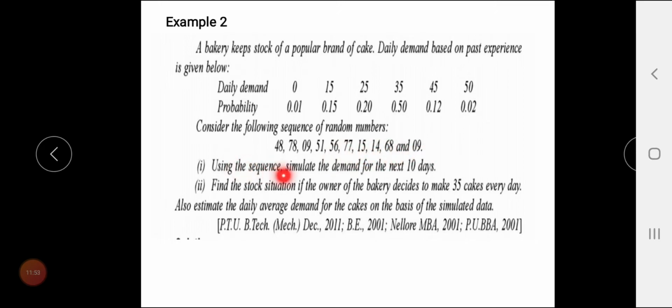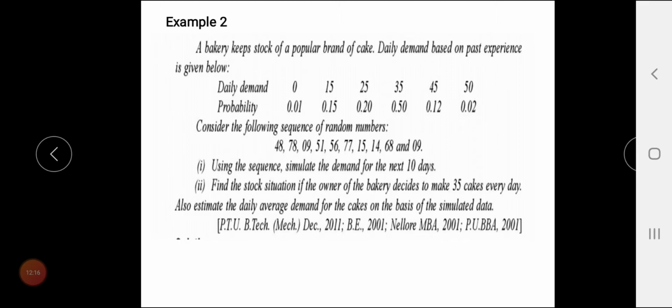Using the sequence, simulate the demand for the next 10 days. Find the stock situation if the owner of the bakery decides to make 35 cakes every day. Also estimate the daily average demand for cakes on the basis of simulated data.